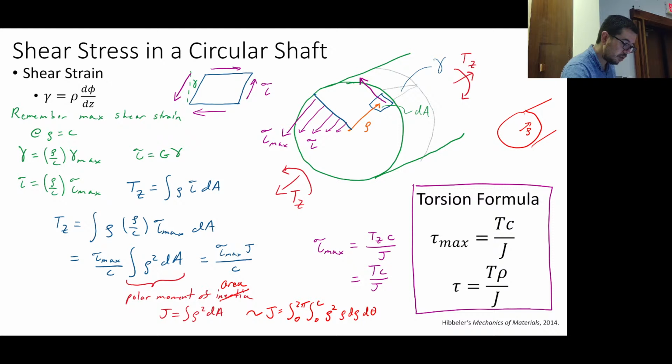Does that make sense? That's how we define it. C has a special definition as it is the radius of the actual object. So C is just the radial distance to the outer surface. Those are our two basic definitions, and J is this integral of rho squared dA.